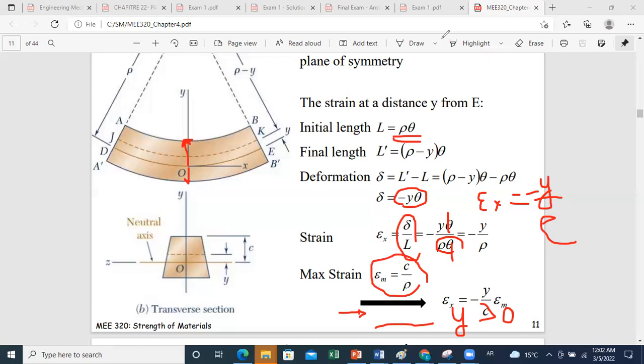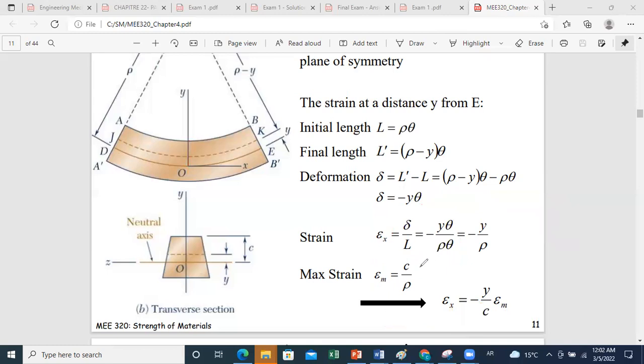Now, we can find that if we replace rho in this formula, from this equation we can say that rho is equal to c over epsilon m. So if we replace rho by its expression in the equation of strain, we get that epsilon x is equal to minus y over c times epsilon m.